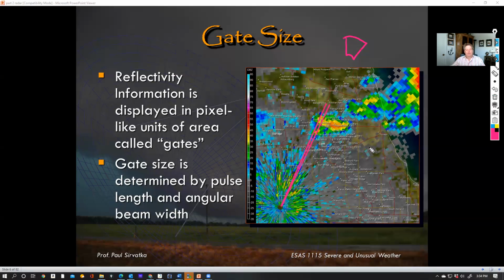Now, the idea of this gate size is that this area is the pulse length, and this distance is the angular beam width. And that's what's determining the size of the gate.